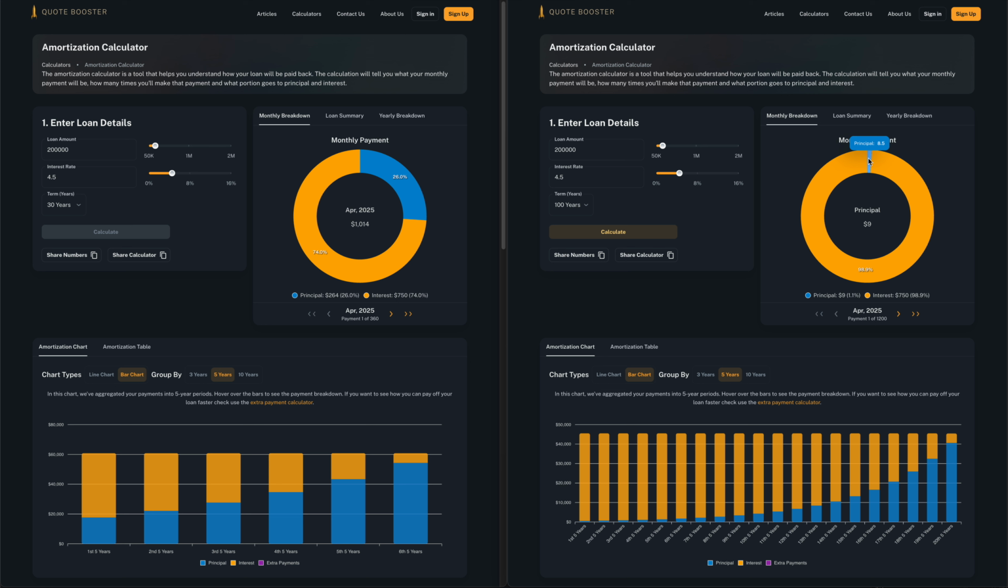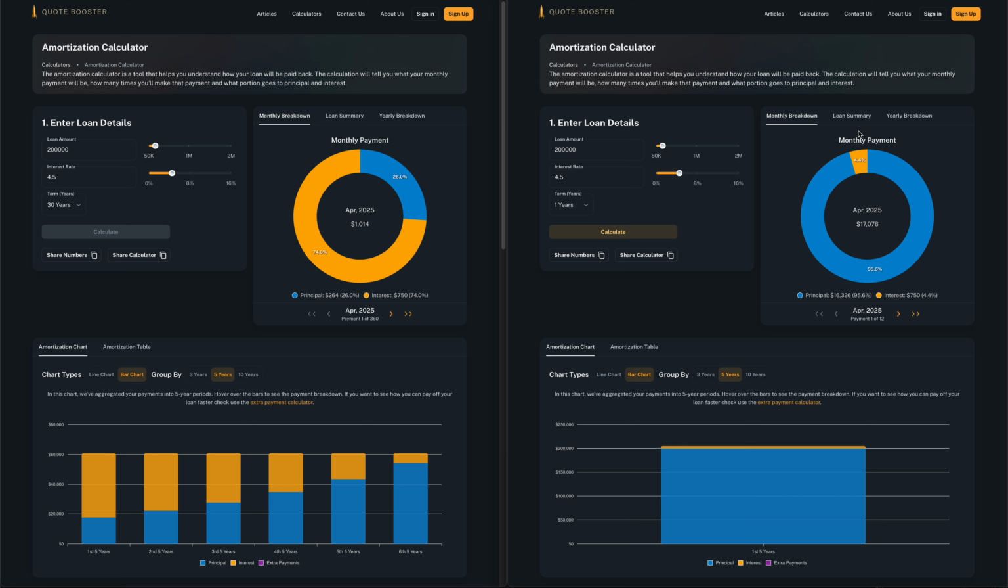In the 100-year mortgage, you're only paying $8.50 toward the principal on the first monthly payment, but just like the 15 or the 30, you're paying $750 of interest. If we take a loan out for just a year, that first payment goes up astronomically. It's $17,000 to pay off this $200,000 loan. But look, the interest is $750.